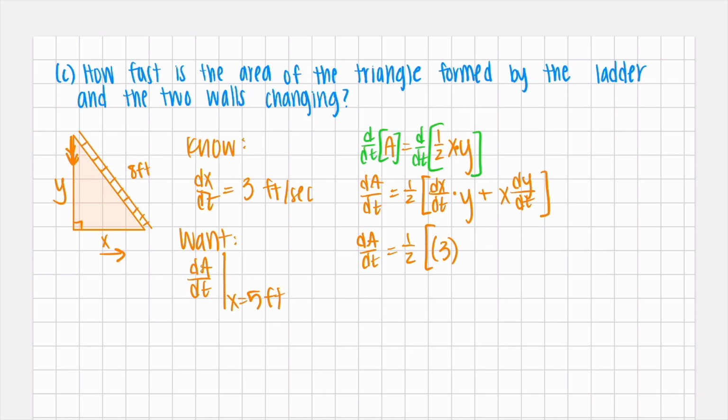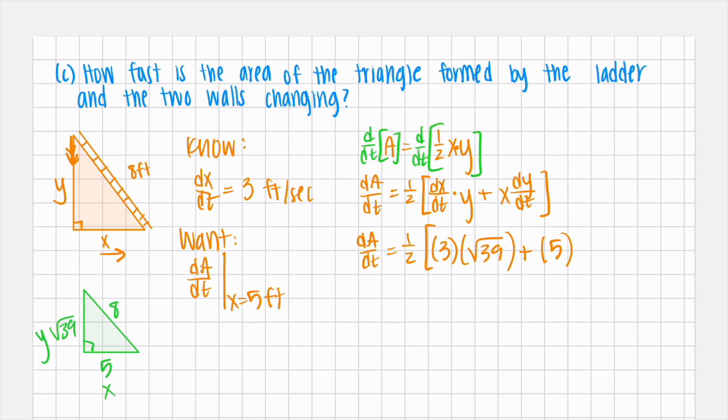And then we have that same triangle that we've been using now for parts A and B. We know we have 5, root 39, and 8, and this is x and y. So y in that moment is our root 39. Our x is 5.